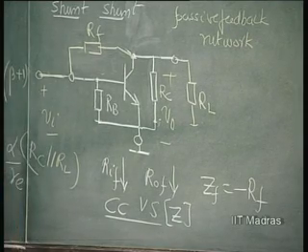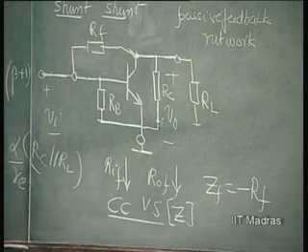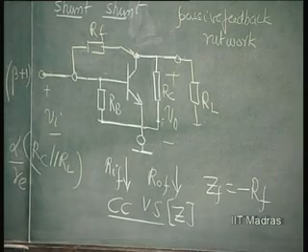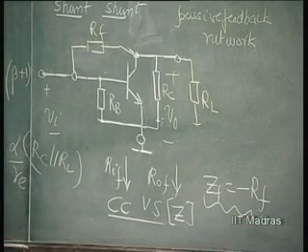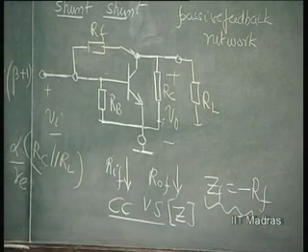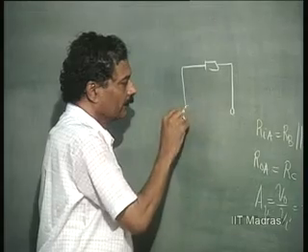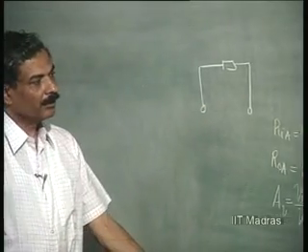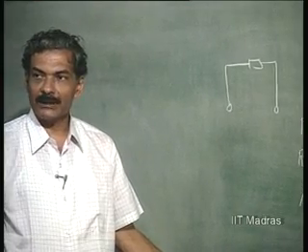So, let us therefore see how it is going to become this. How do we therefore represent the feedback amplifier, the composite amplifier, in terms of the composite Y parameters?